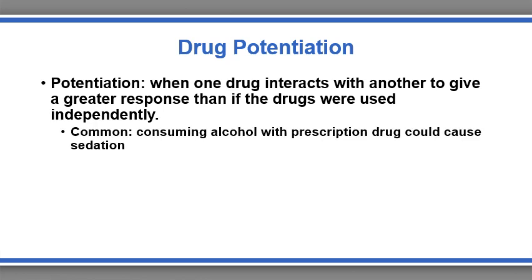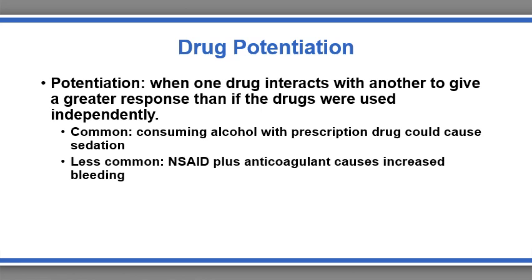So, for instance, this is why many times we have to be very careful with consuming alcohol. If someone's taking a prescription drug that could potentially cause sedation, they should be discouraged from using alcohol. Opioids are an example, where they really shouldn't consume alcohol when taking an opioid, because alcohol could potentially magnify a lot of the sedating effects of those medications.